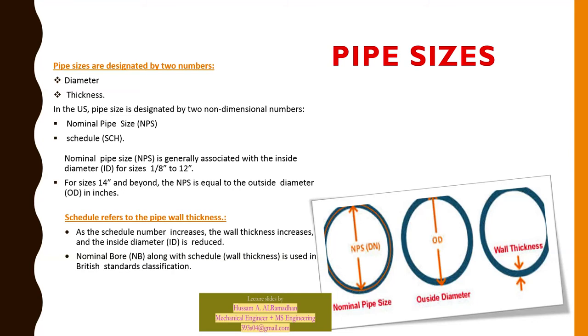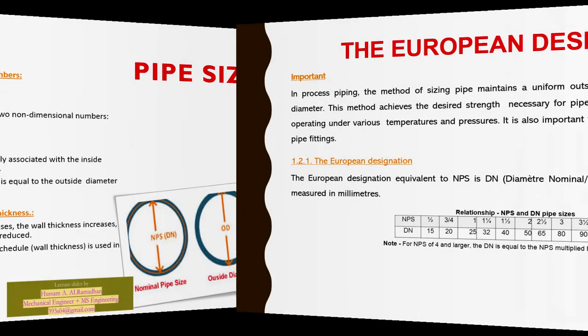For sizes 14-inch and beyond, the NPS is equal to the outside diameter OD. Schedule refers to the pipe wall thickness. As the schedule number increases, the wall thickness increases and the inside diameter is reduced. Nominal bore along with the schedule wall thickness is used in the British standards classification.